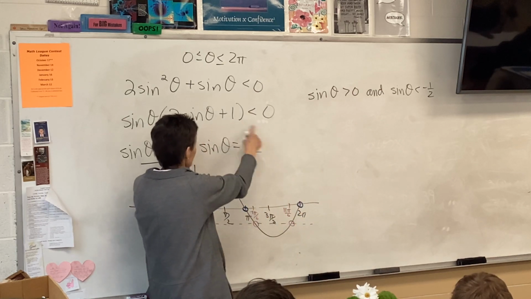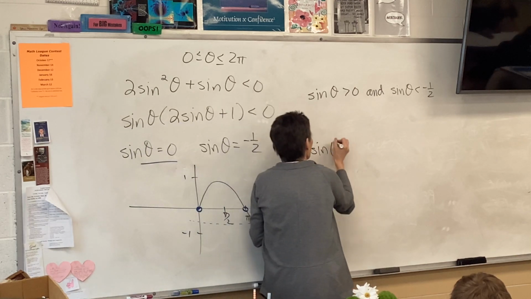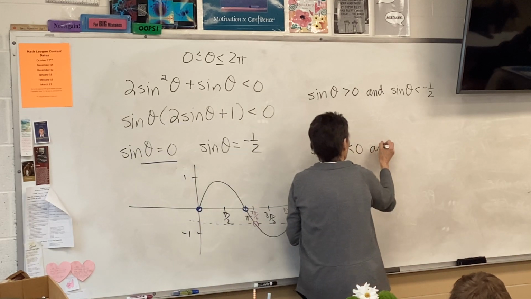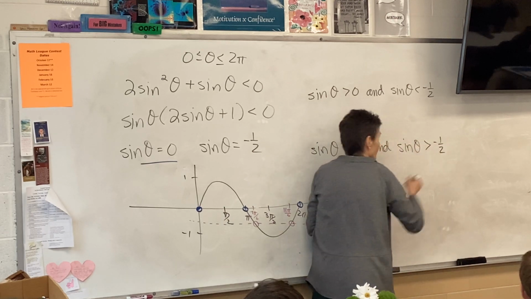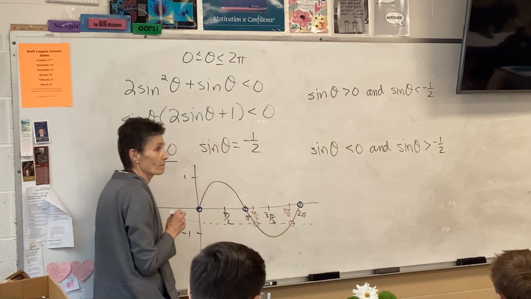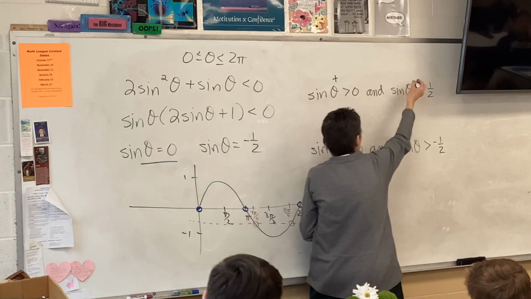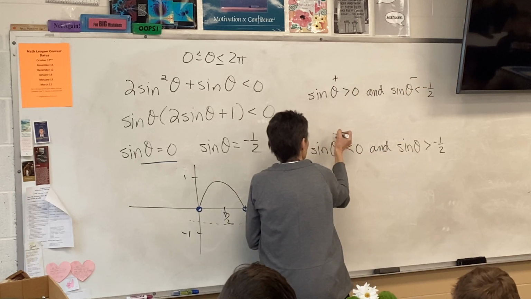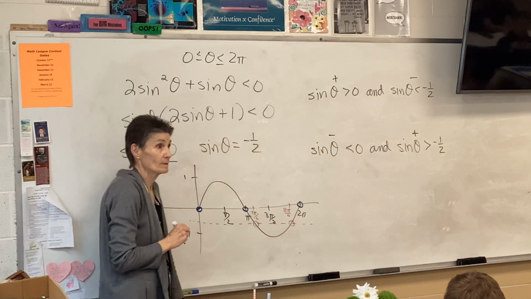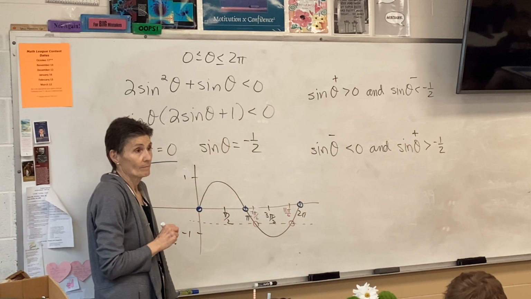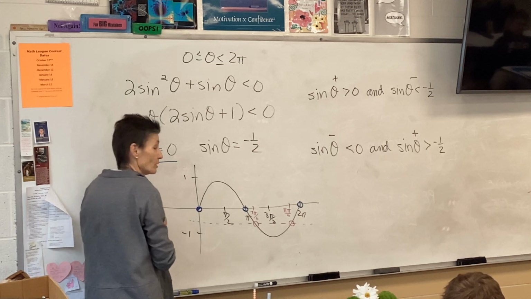Think of setting this less than 0, so it'd be less than. Or the sine is less than 0 and the sine is bigger than -1/2. This is your positive times your negative, and this is your negative times your positive, and it could be either one.